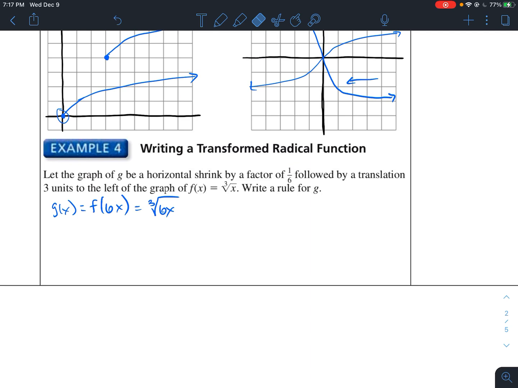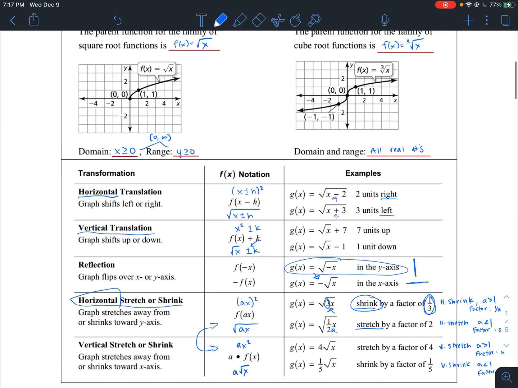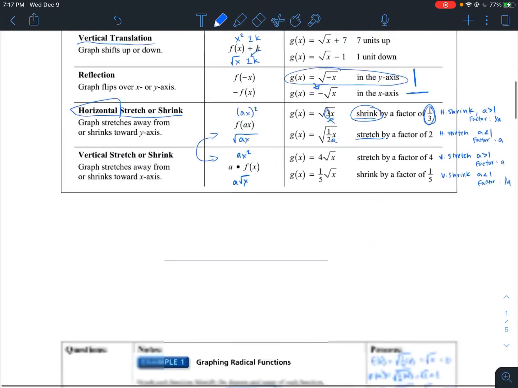Now, after that, it says the transformation is followed by a translation 3 units to the left. So that's a horizontal translation, which means if it's to the left, we're going to be adding inside.